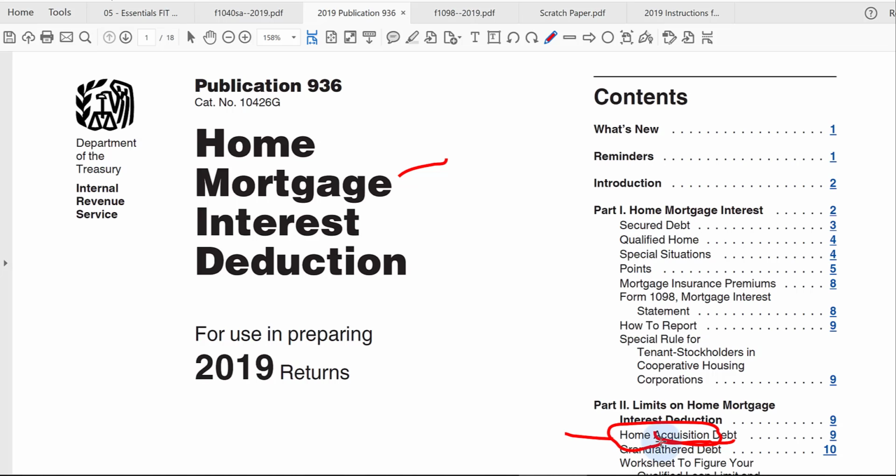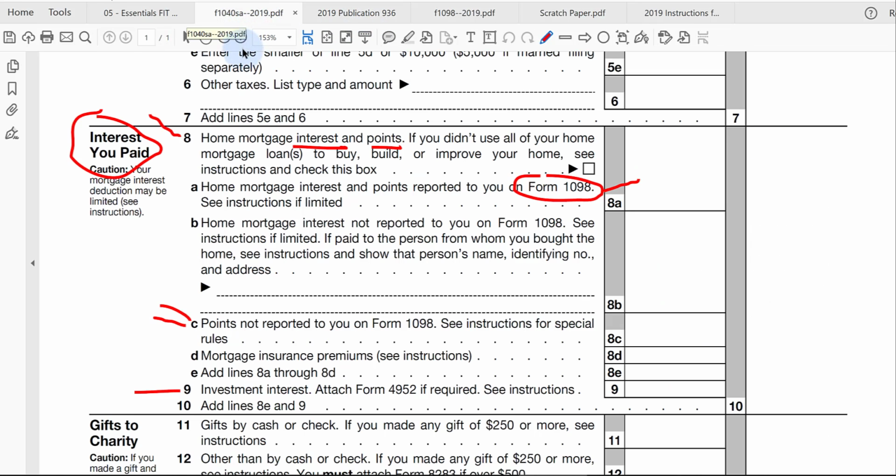Again, the current rule is $750,000. So back here on the Schedule A, the main interest and points would be reported here in line 8A. Now, if you borrow money not from the bank, but from the person that sold you the property, you would report the interest paid over here and the contact information over here.